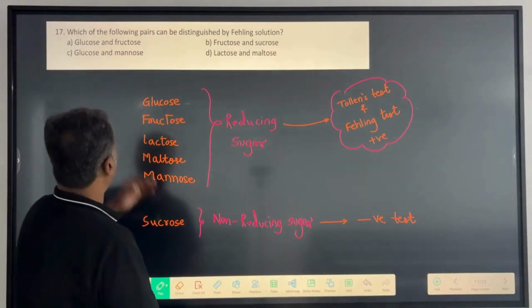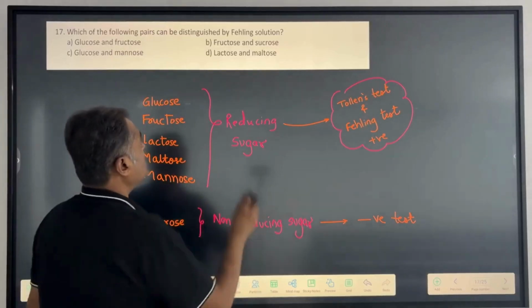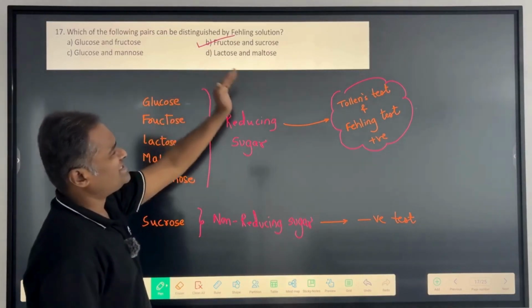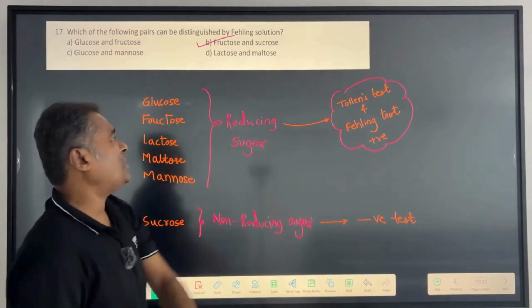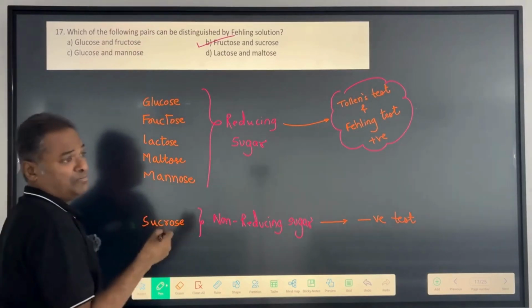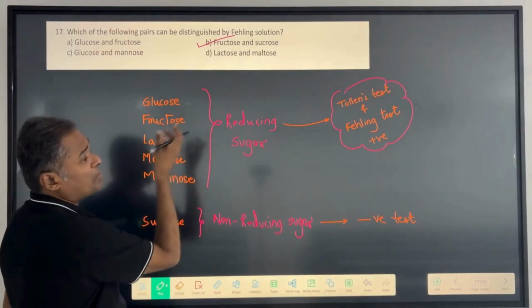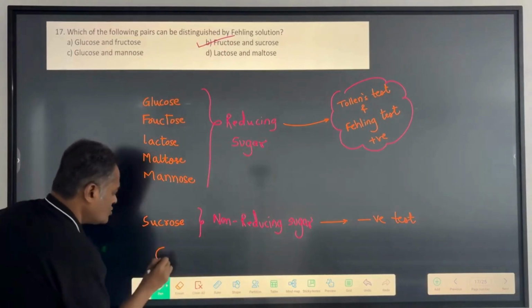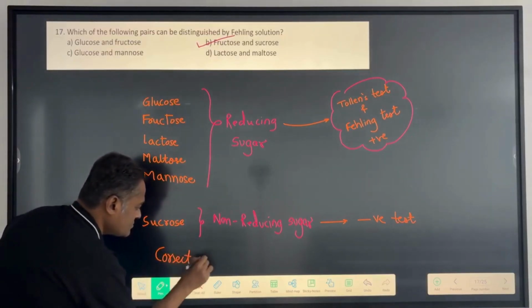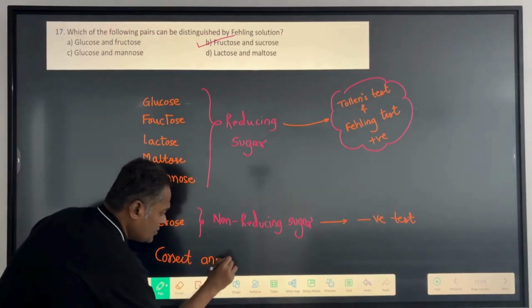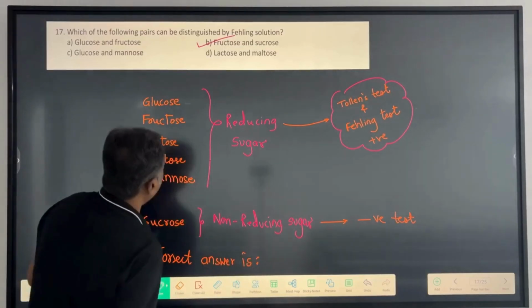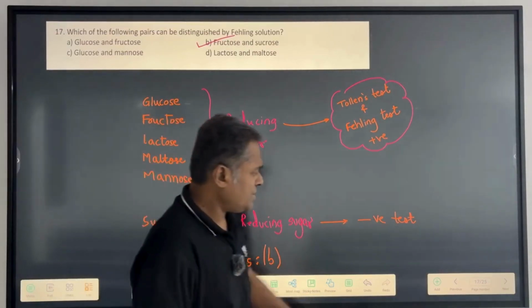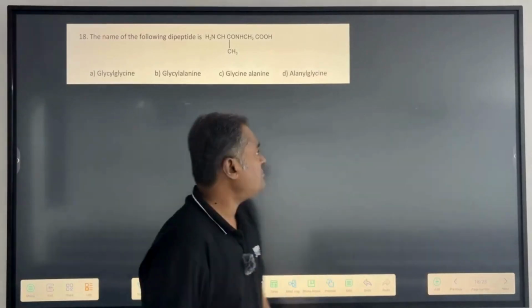And if you want to distinguish among the pairs, the most appropriate answer has to be B, because one will give Fehling's test positive, and sucrose will not give Fehling's test positive. So by this method, Fehling solution, this pair can be identified well. So the correct answer for this MCQ is B. I hope this is clear. Let's move to the next question.